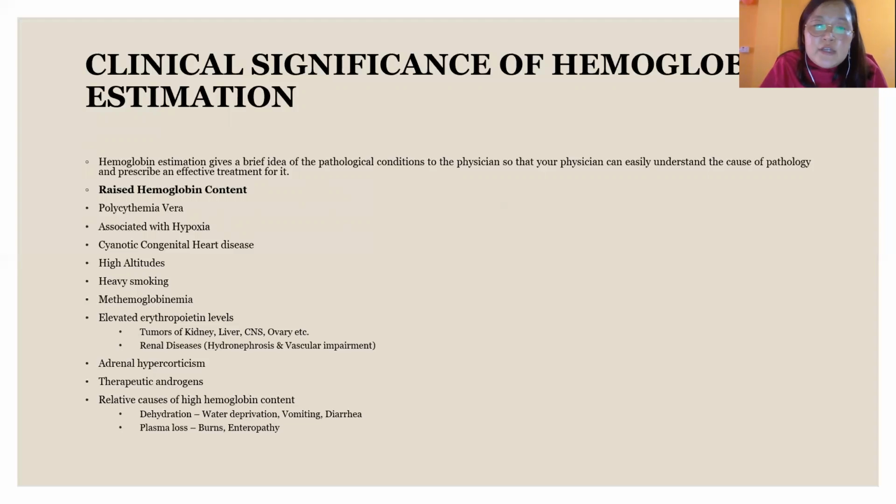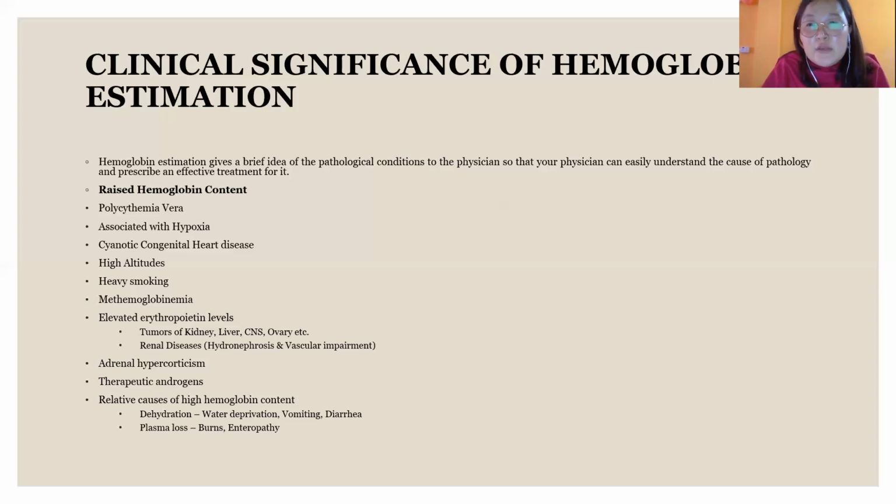Elevated erythropoietin occurs with tumor of kidney, liver, central nervous system, ovary, etc., or renal disease. Increased hemoglobin can also be seen in adrenal hypocorticism and therapeutic androgen. If you are taking any kind of hormonal treatment, that can also lead to increased hemoglobin content.